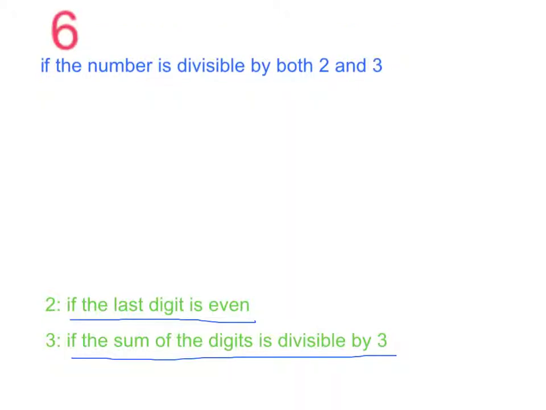Here's an example. If our number is 48, first we have to decide, is 48 divisible by 2? Well, we look at the last digit. Is 8 even? Yes, so it is divisible by 2. Now we have to figure out if it's also divisible by 3.